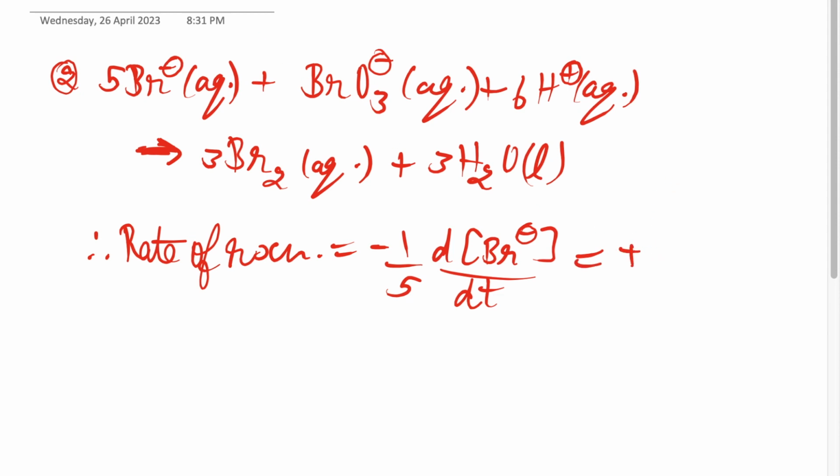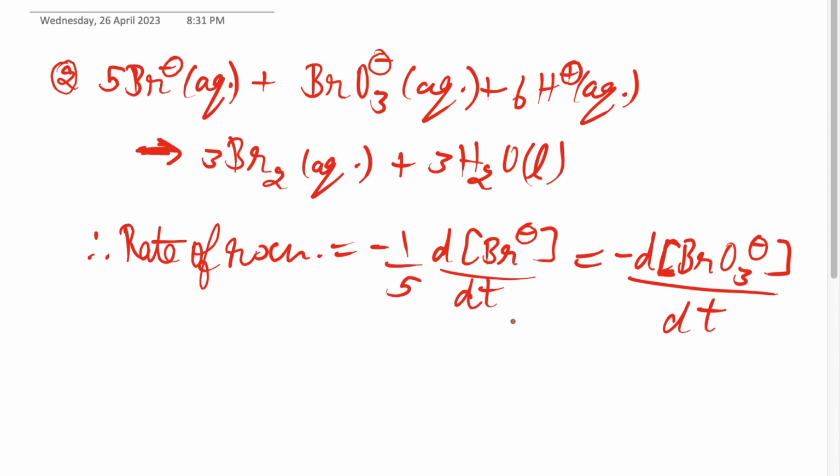Not plus, minus will come: minus d[BrO3⁻] upon dt. And the rate of reaction is also given by minus 1 by 6 d[H⁺] by dt.